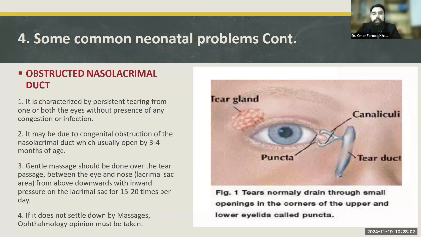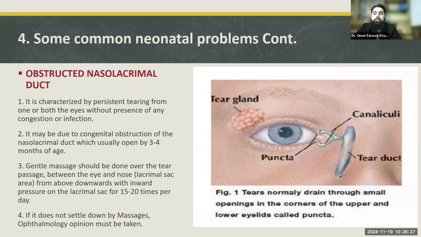So basically, here is the anatomy of the nasolacrimal duct. The tear gland is present on the superior lateral aspect of our eye. This gland produces tears, and these tears flow down across the surface of our eye, and then they pass through the puncta. Puncta are openings on the medial side of our eyes, at the medial epicanthal folds.